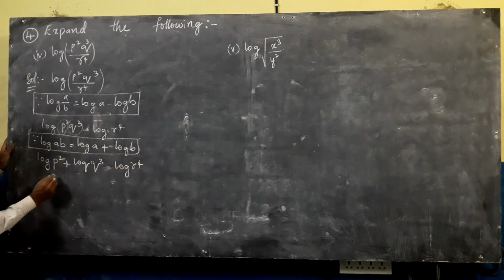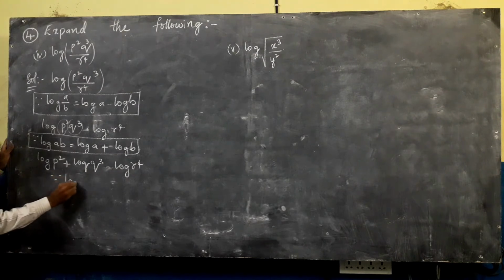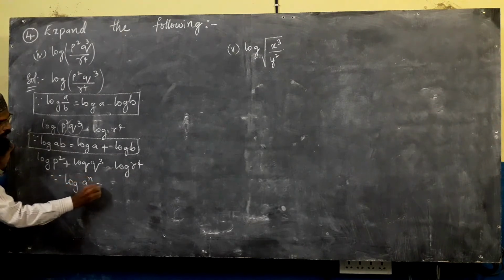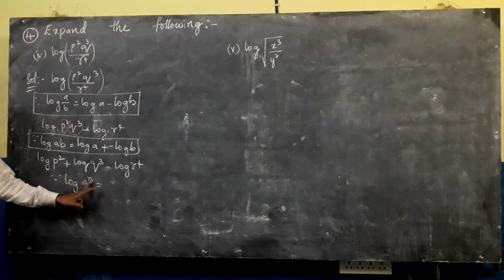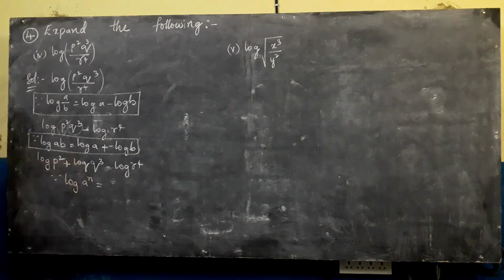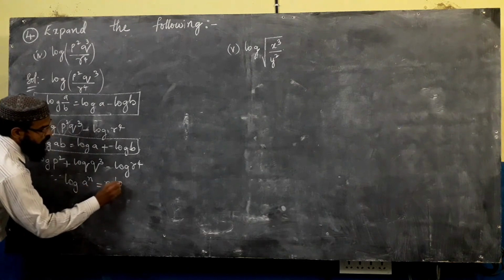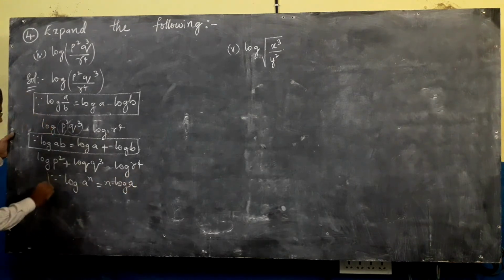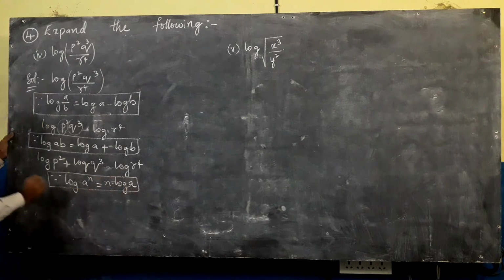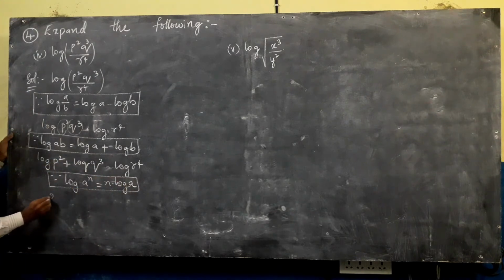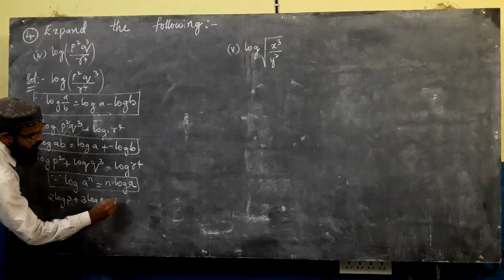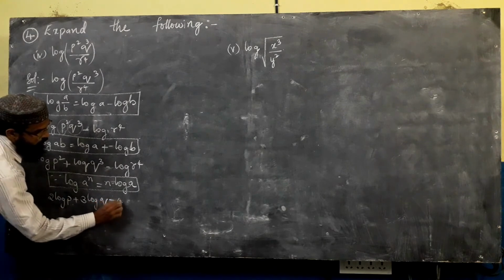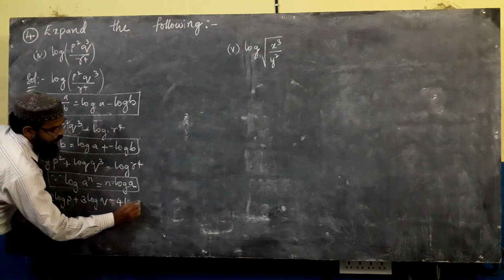Next, third formula is log a to the power of n. Whenever you see power n is there, this n comes in front. So n log a. So 2 comes in front of log. So 2 log p plus 3 log q minus 4 log r.